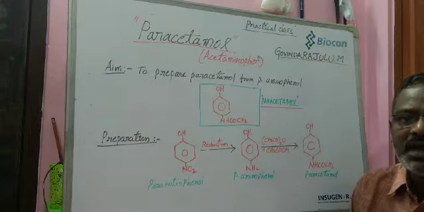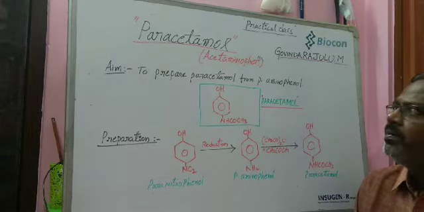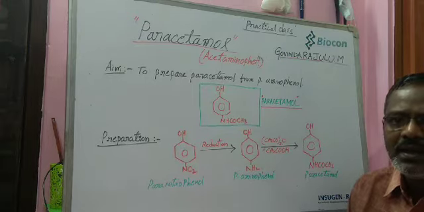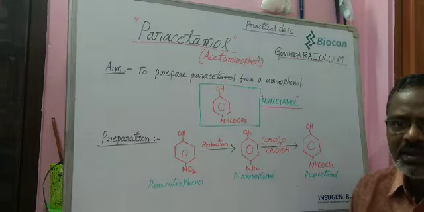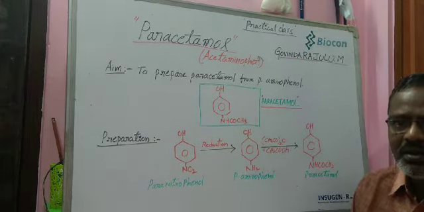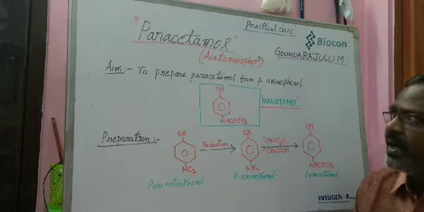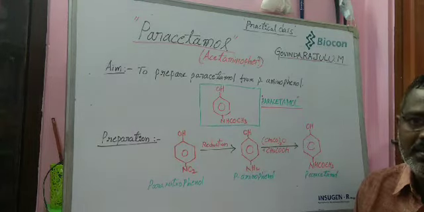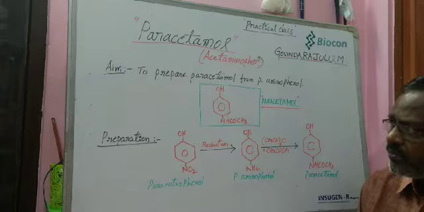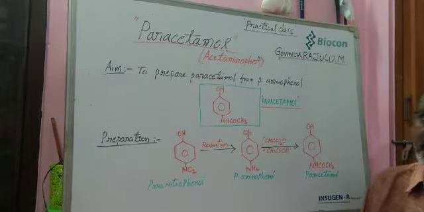So once again we have to recall how to prepare paracetamol in laboratory conditions. What are the effects of paracetamol? What are its reactions in the body on intake? Paracetamol is otherwise called acetaminophen.